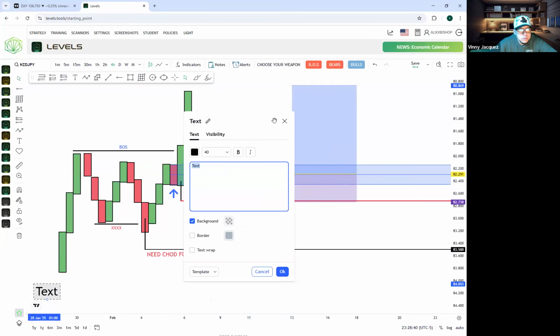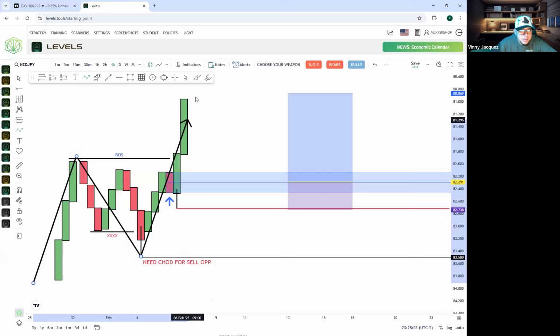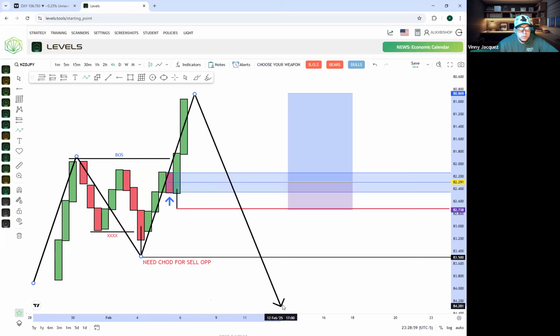Higher high. This high made this low. This low made this high. So if I want to change character, I would like the market to go ahead and break and close below here so we can really have a solid setup.